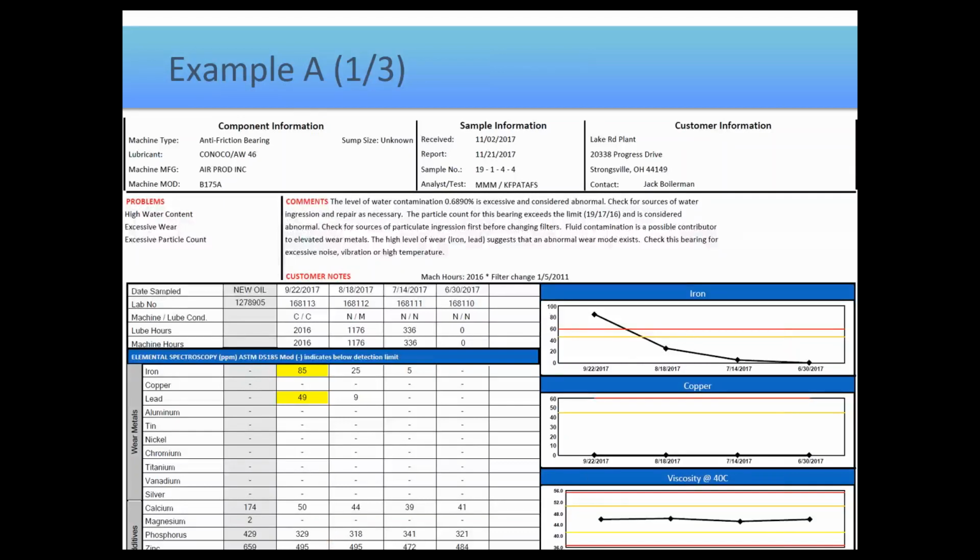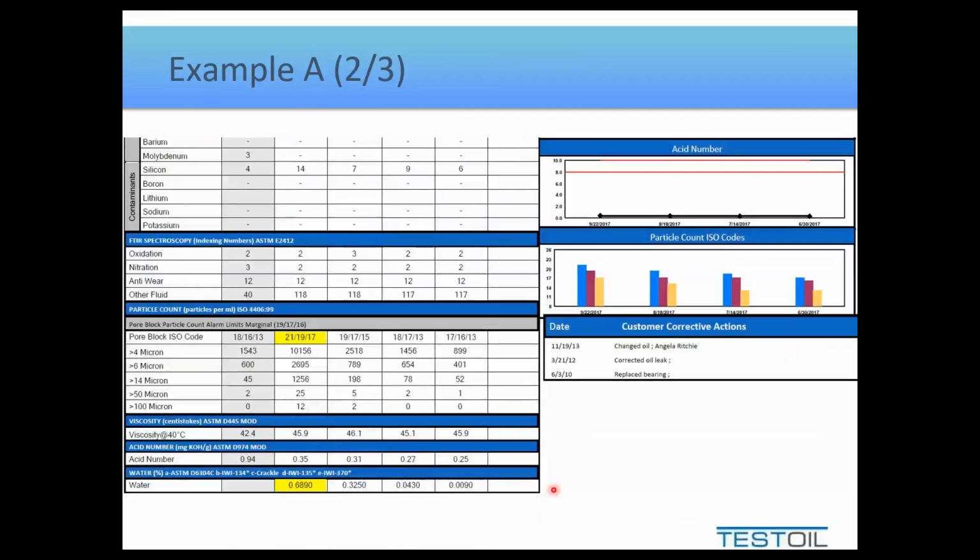So if I flip to the next page of the report, we've so far identified iron and lead as effects, and no other data so far has appeared abnormal to us. But as we keep reading the report, we do see some data for silicon, and the trend for silicon has been flat, and then there's been a sharp increase. Now, whether you believe 7 parts per million is an abnormal increase or not, that's up to you. If you think it's abnormal, I will simply ask you that question of, do you think it's a cause or an effect?